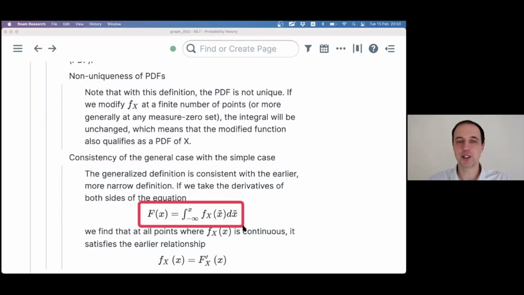You can differentiate the left-hand side, you can differentiate the right-hand side, and you see the previous relationship we had before. So yeah, the PDF here is going to be simply the derivative of the CDF. So this was assuming that the CDF is differentiable everywhere.